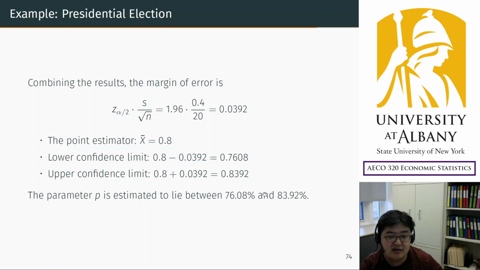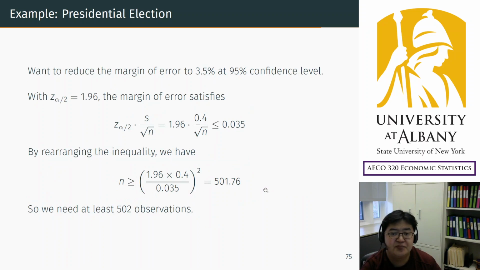Okay, then extending this idea, we would like to reduce the margin of error to 3.5% without changing the confidence level. Then what is the minimum required sample size? z is the same because the confidence level is the same, and the standard deviation is the same, 0.4. n is unknown, and the margin of error must be smaller than or equal to 0.035.